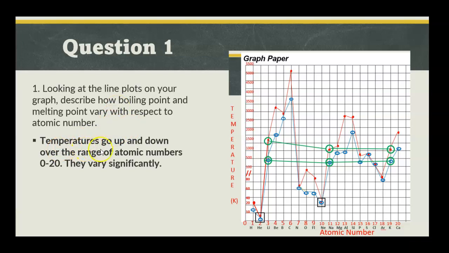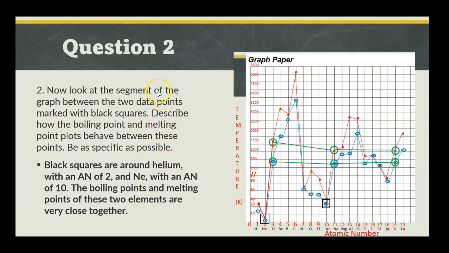So temperatures go up and down over the range of the atomic numbers. They vary significantly. So it's saying in general, look at the whole graph. Do we see a pattern? Not really. Like the whole graph, elements 1 through 20, they're all over the place. They're up, they're down, so they vary significantly.